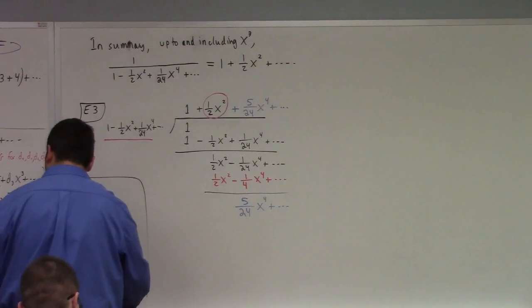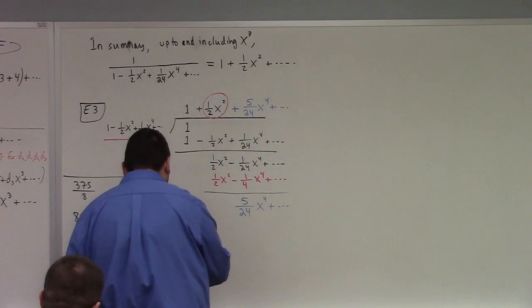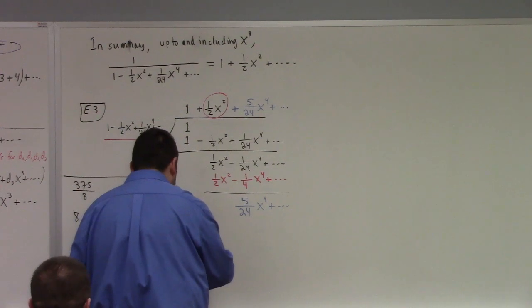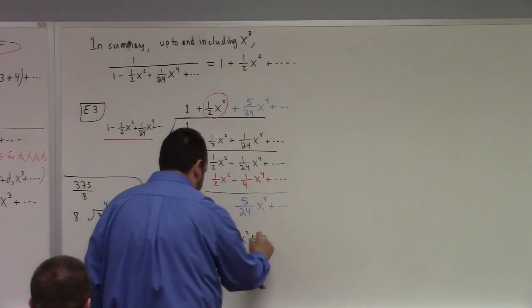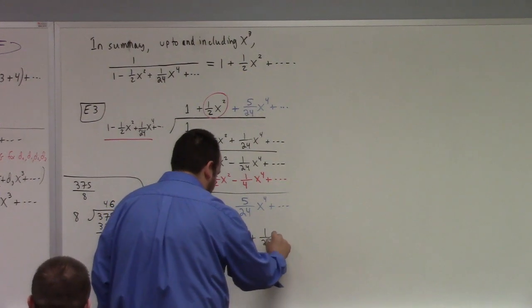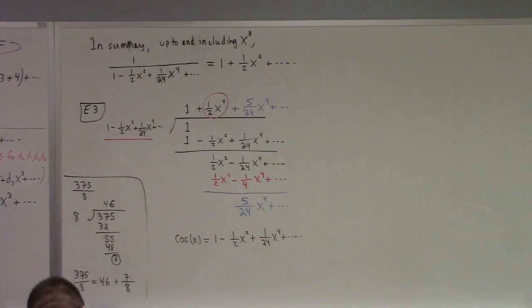Now, let me confess what we're looking at. We will soon learn, by the way, that cosine of x can be represented as 1 minus 1/2 x squared plus 1/24 x to the 4th plus dot, dot, dot. So that is, in fact, the so-called Maclaurin series for cosine. We will soon derive this. I'm just telling you the meaning of this example before I forget to tell you.